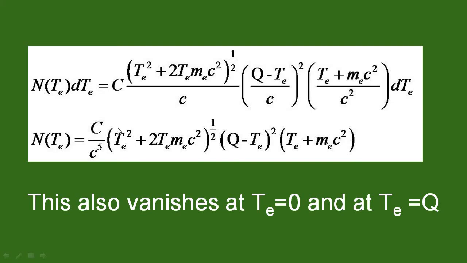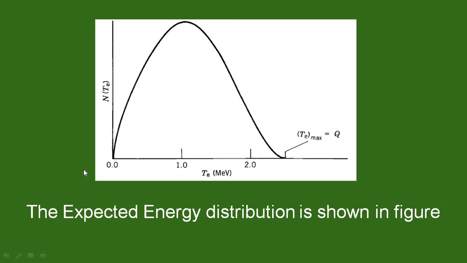When Te is 0, this term will be 0. So on multiplication, you will get the value of n(Te) as 0. And also when Te is equal to Q, the middle term is 0. So again n(Te) is 0. And this will be the figure you are getting. The expected energy distribution will be like this.